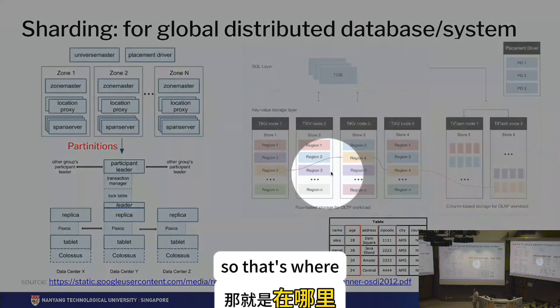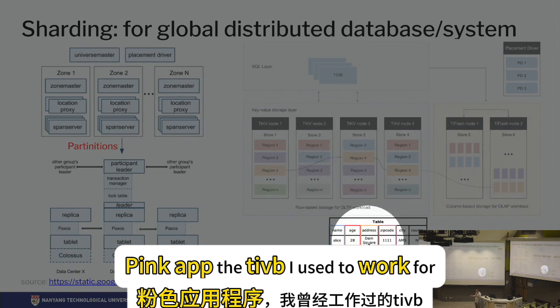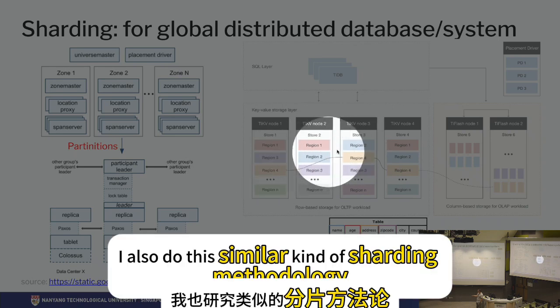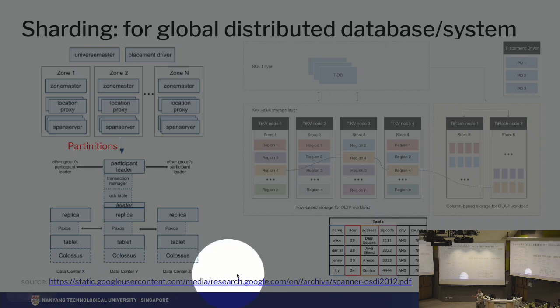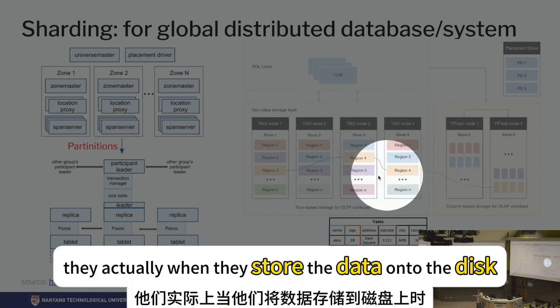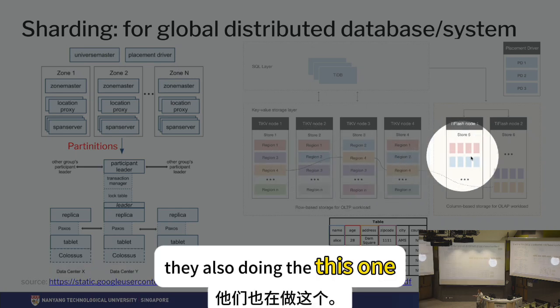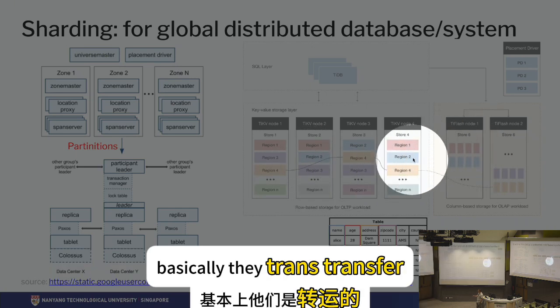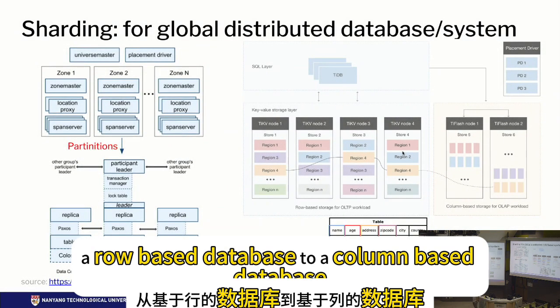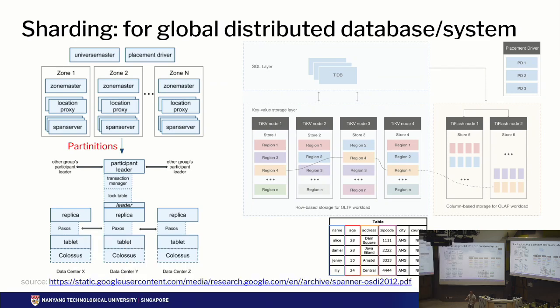That's where PingCAP, the TiDB I used to work for, invented a solution where they also use a similar sharding methodology, referring heavily to the Google Spanner paper. When they store the data onto the disk, they basically transfer a row-based database to a column-based database.